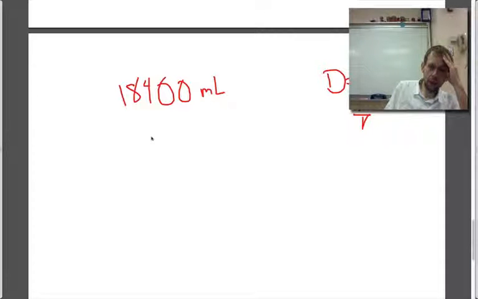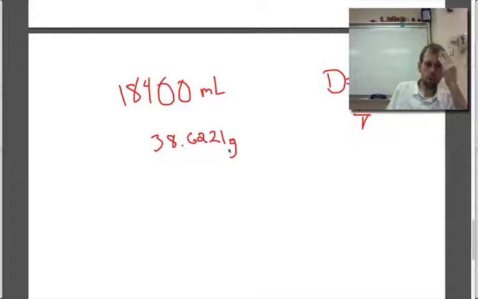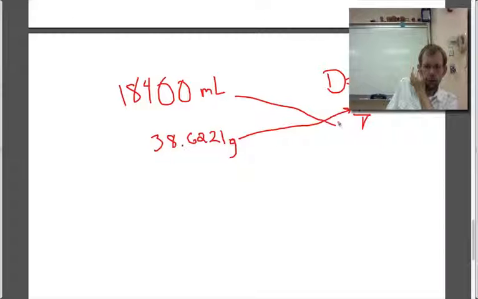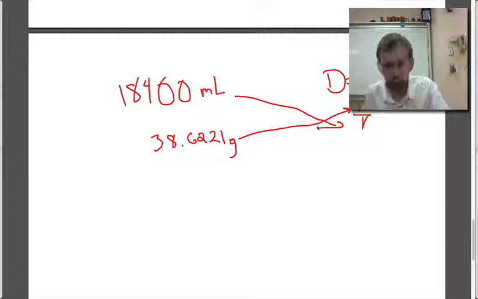So you use my balance in the back, and my balance tells you that you have a mass here of 38.6221 grams. Okay. So you plug this in for your mass, plug this in for your volume, and let's see what the calculator says. The calculator says 38.6221 divided by 18400.